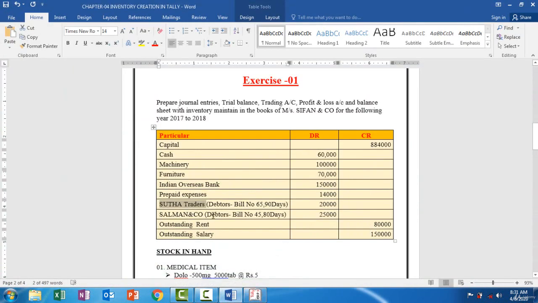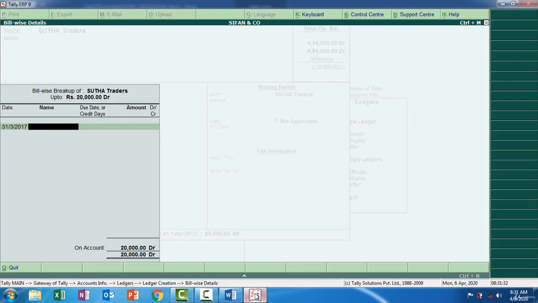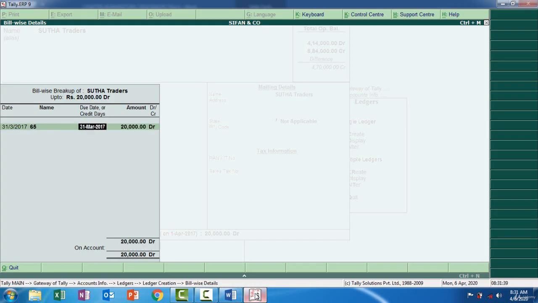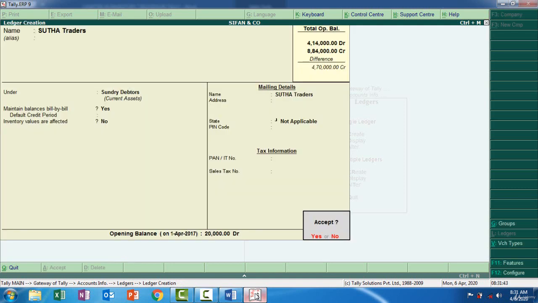Then the reference is bill number 65, 90 days. So I'm going to put the name as bill number 65 and 90 days. So I'm going to accept yes.